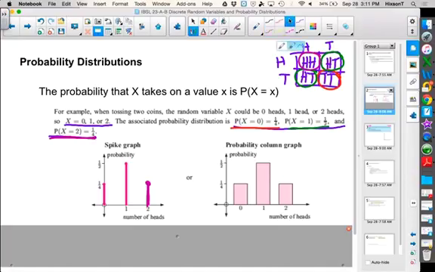We've got that probability of one head is 1/2. Okay, so we've got that point at 1/2, and we draw the line straight down to 1. Okay? And then, likewise, no heads has a probability of 1/4, and we draw it straight down to 0. Okay? That's what's called a spike graph.